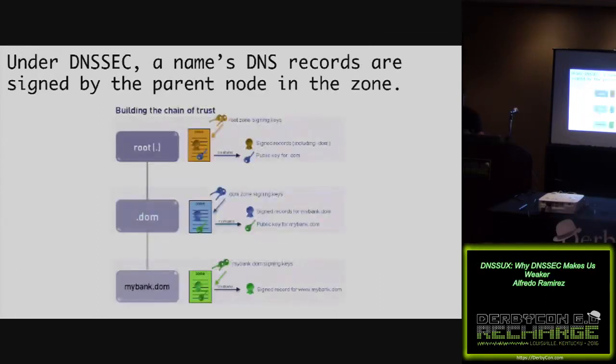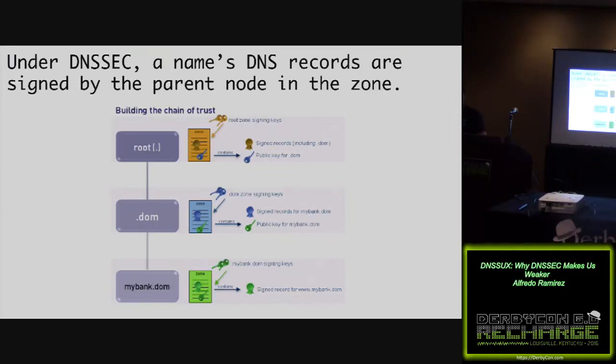So if you have a website like mybank.dom, when you query for their A record, it will have a signature that's signed by .dom. And then when you query .dom, you get a signature from the root. And so you only need one key, and from that the whole internet works, right?